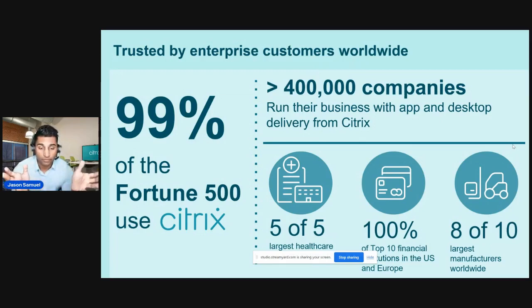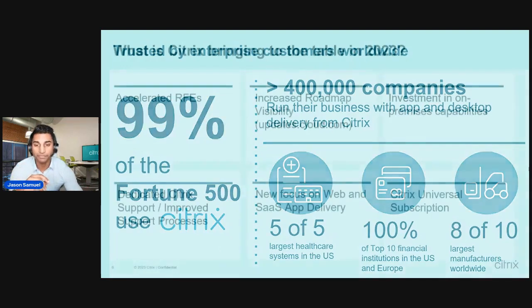Five of the largest healthcare organizations use us. 100% of the top financial institutions use us, and then 8 out of 10 of the largest manufacturers worldwide actually use us. Those other two, we'll figure it out. They'll be there too. It'll be 10 out of 10 soon, but they're kind of outliers, I guess. But yeah, pretty much everybody uses Citrix, and we continue to innovate. We continue to be one of the top for pretty much everything that we do.